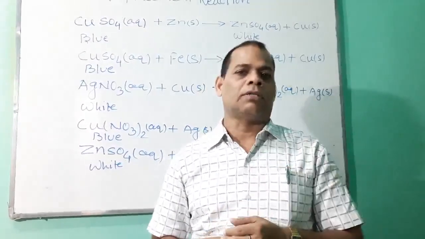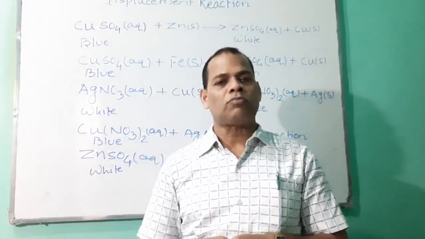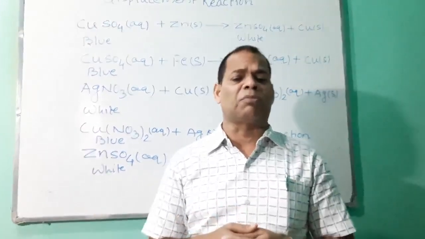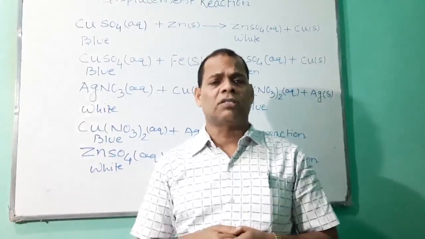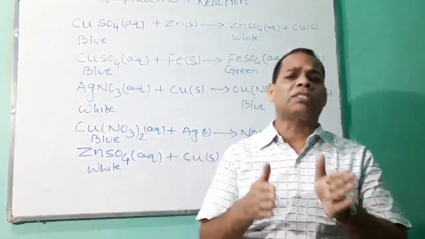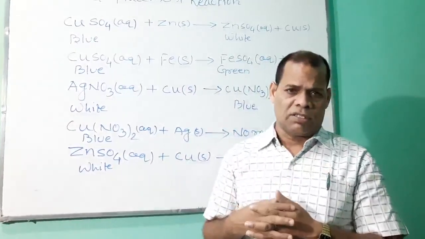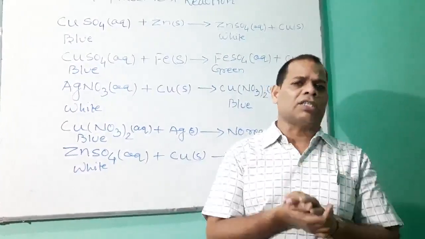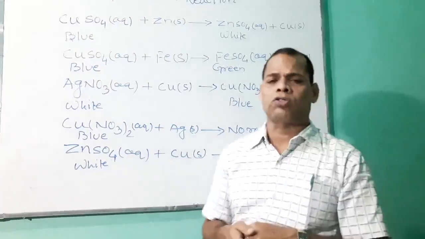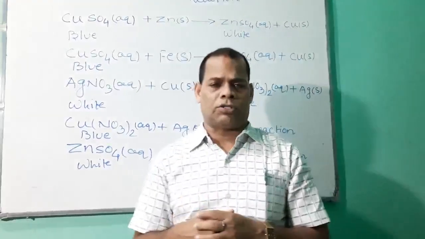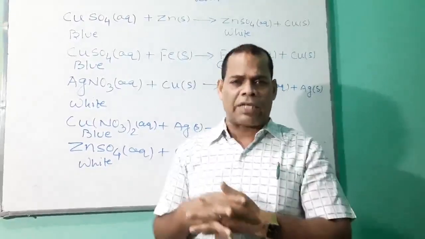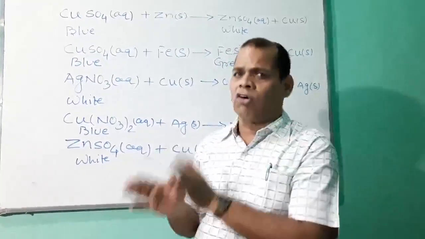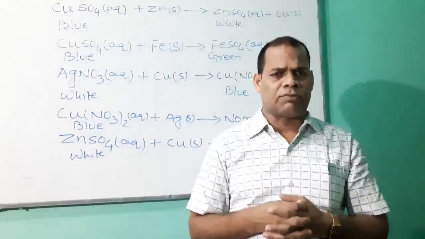In that part, one of the important chemical properties of metals is the displacement reaction, and we have already discussed it in the first chapter also. Let us recall it. What is a displacement reaction in the context of the metal chapter?